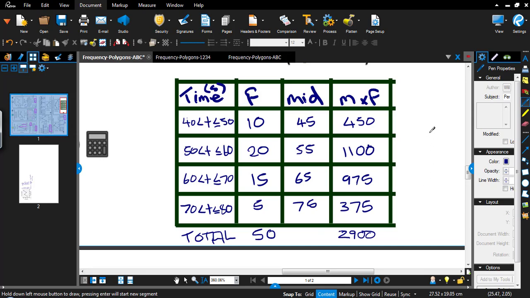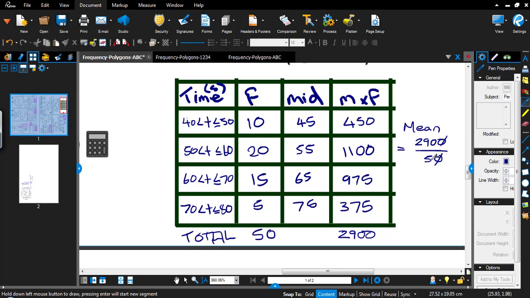Right? And then we just divide m times f by f, the totals. So the mean, or the estimated mean technically, equals 2900 over 500, or sorry, 50, what am I talking about?